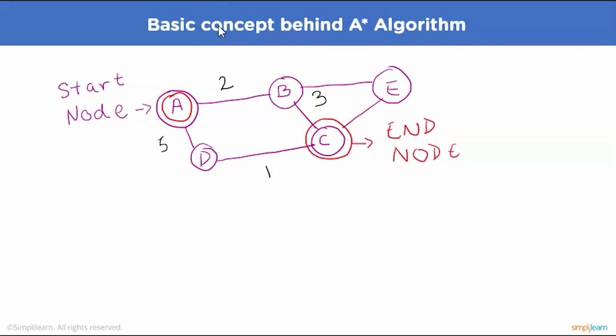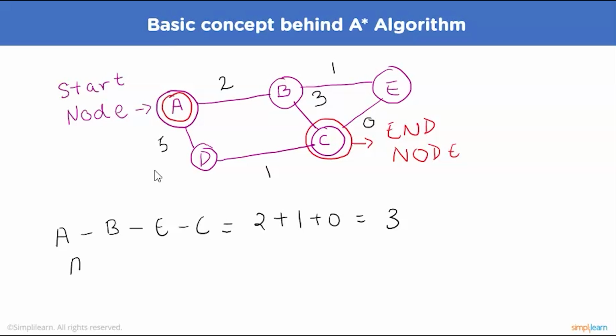Let's say that the cost of taking this path B to E is 1 and E to C is 0. So now let's calculate the cost of taking the path A, B, E and C. A to B to E to C is nothing but 2 plus 1 plus 0, which is equal to 3.